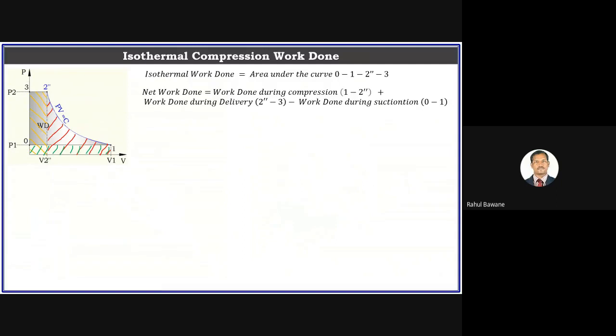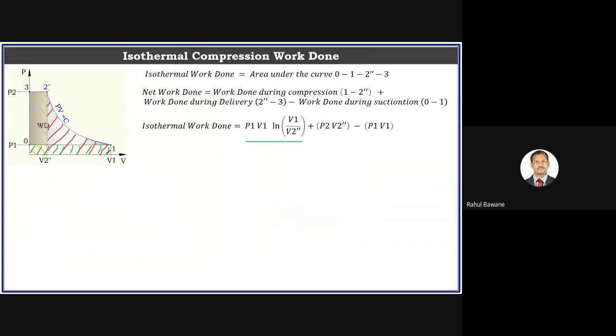So that means to calculate the net work done, we have to consider the area under this curve, then the area under this particular rectangle, minus the area of this horizontal rectangle. So isothermal net work done is P1 V1 ln of V1 upon V2 dash.